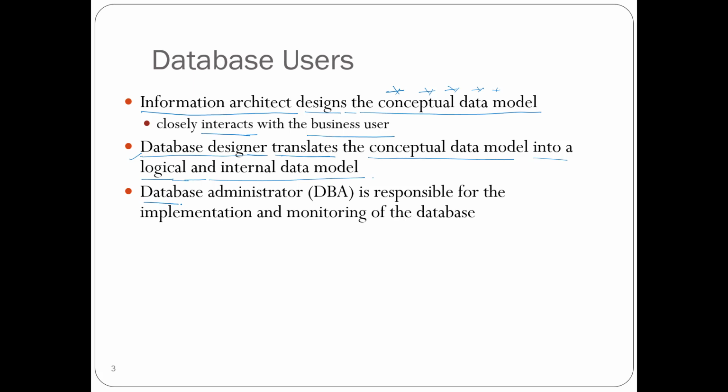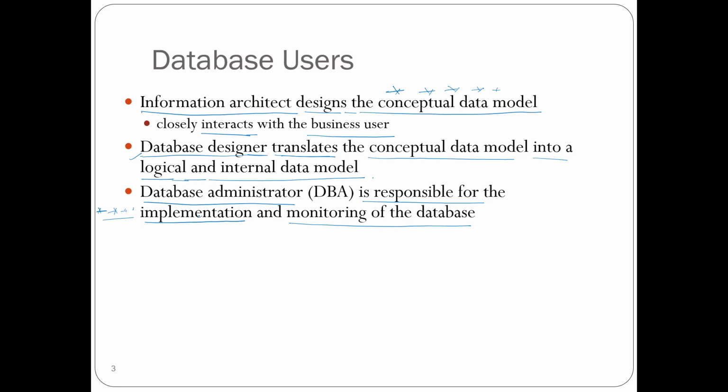Then comes the database administrator. DBA in short, or database administrator, is responsible for implementing the database and monitoring the performance of the database. So this is important. The role of the DBA is extremely important. Although we are discussing the DBA as the third user, that doesn't mean that it is in any way less important.